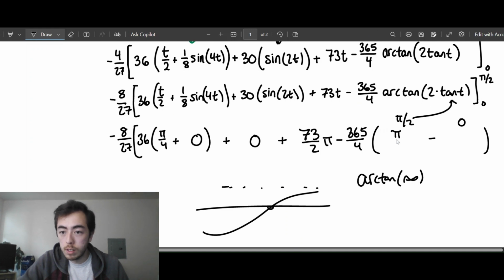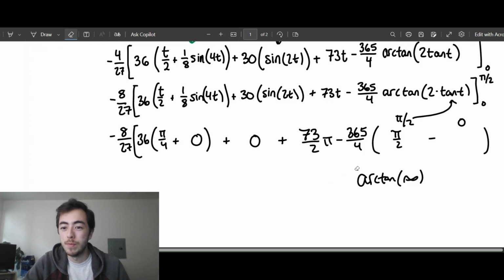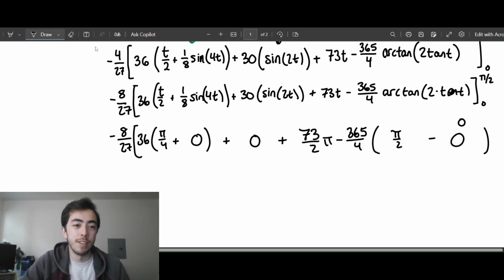So I'm hoping that pi over 2 is going to be the right number to put here. And when I plug in a 0 into tangent, I get a 0. And then when I plug in a 0 into arctangent, I'm also going to get a 0. So that, I believe, covers all of the plugging in of all the numbers that I need to do. And now it's just time to evaluate everything.